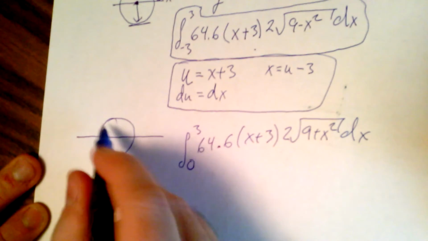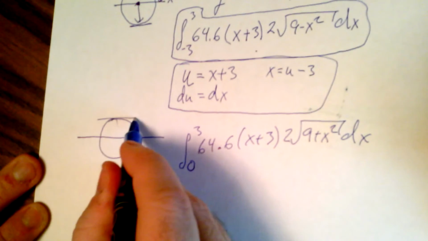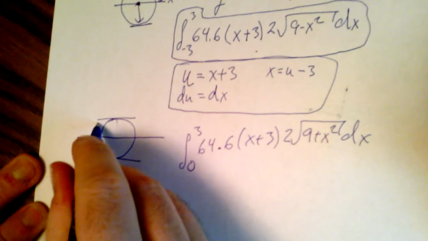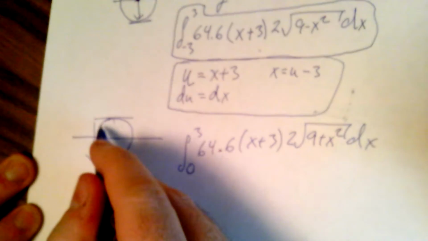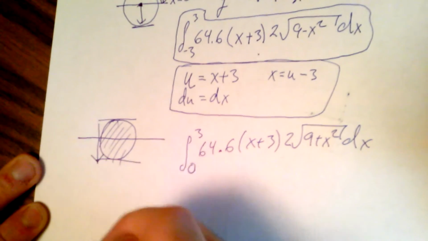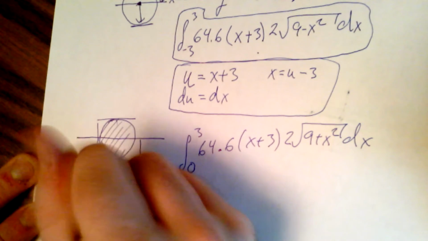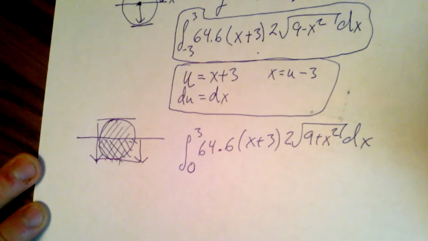Because now instead of going from -3 up here all the way down to 3 and getting the hydrostatic force on this whole circular region, we're only integrating from 0 to 3, and we get the hydrostatic force on that region.